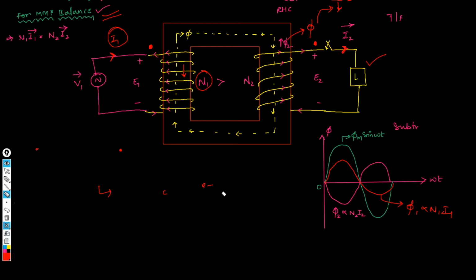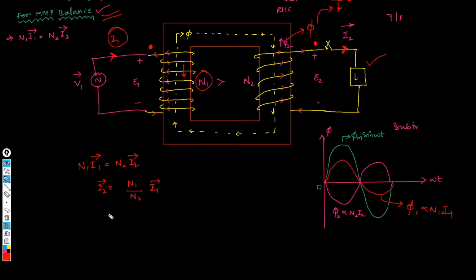From the MMF balance equation, we can deduce one more formula. We have the MMF balance as N1 I1 equals N2 I2. Always take phasor values. From this I can write I2 phasor equals N1 upon N2 times I1.